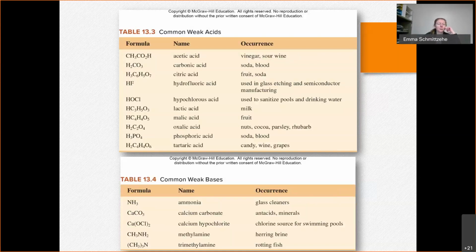And a lot of the everyday stuff we deal with that are acids and bases are actually weak acids and weak bases. Otherwise, they wouldn't be something we dealt with daily, because strong acids and strong bases can be very dangerous, okay? You can get injured if you get a lot of strong acid, strong base on you, or even a little. And so our everyday substances, the things we're working with regularly or eating, consuming, utilizing in your household, those are weak acids and weak bases.